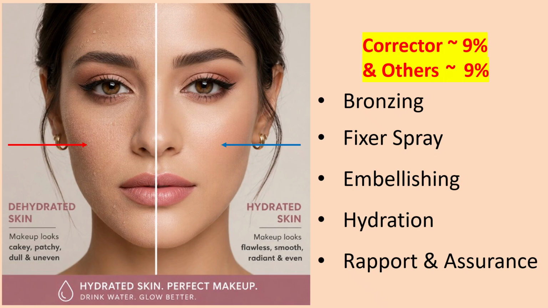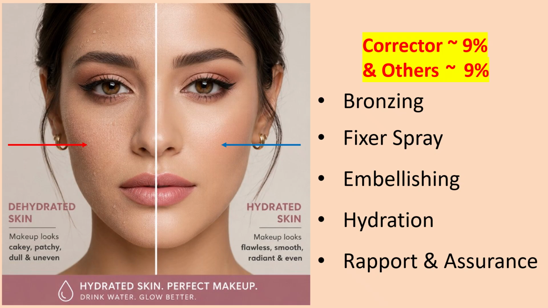And you can see in the picture, the left half shows makeup on dehydrated skin. The right half shows makeup on hydrated skin. You don't even have to see the full face. Just see the red and green arrow. The red arrow and the green arrow. See the two arrows.